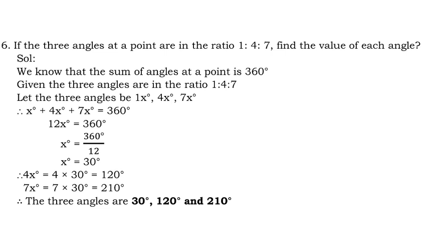12x degrees is equal to 360. So x degrees is equal to 360 divided by 12. 360 is divisible by 12, 30 times.